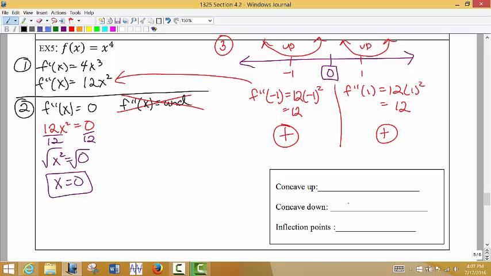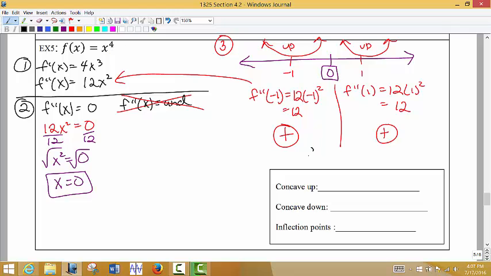Alright, so we're concave up from, so now can we include 0 as part of our interval? Since we're concave up to the left and to the right, can we include 0 as part of the interval? Well, it depends on if 0 is an actual point or an asymptote. So is it a point or an asymptote? So let's go back over here. If we plug 0 into the original function, do we have a problem?